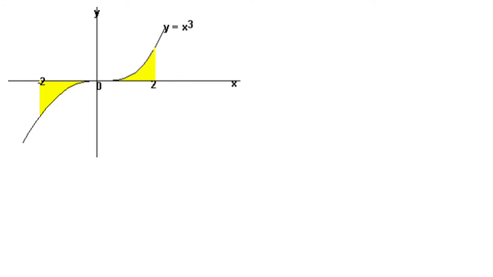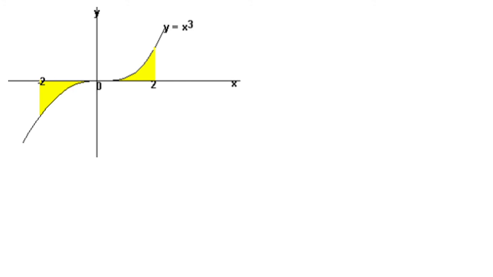Most exam questions that you will have come across with area under a curve, the area in fact has been above the x-axis. You will, however, need to make sure that you understand what to do when you've got an area below the x-axis. So we're going to look at a simple example. Let's have a look at this one, y equals x cubed.